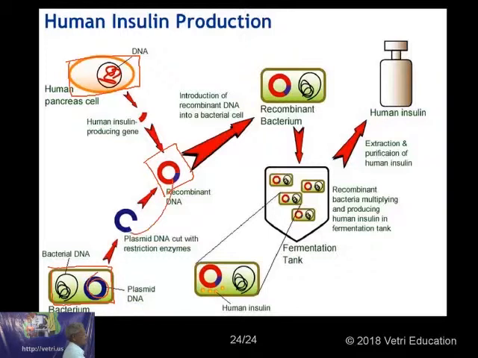So now you have a recombinant E. coli bacterium, and you are able to multiply it millions and millions of times in a fermenter or in a tank. Finally, the insulin which is needed for the human being is synthesized.